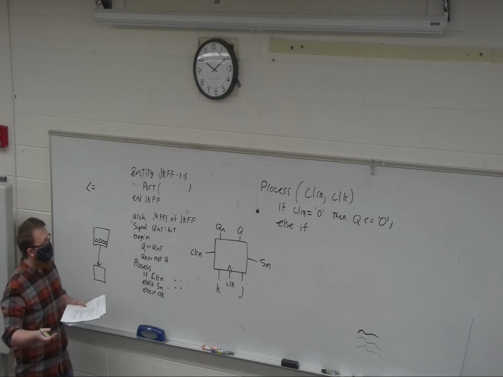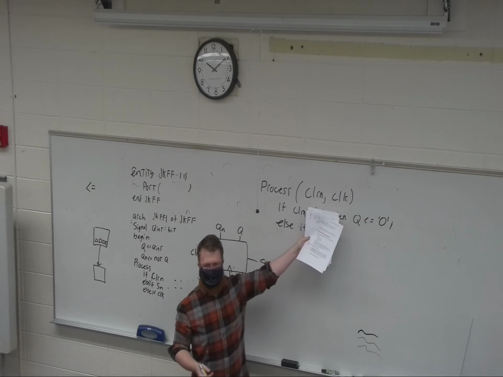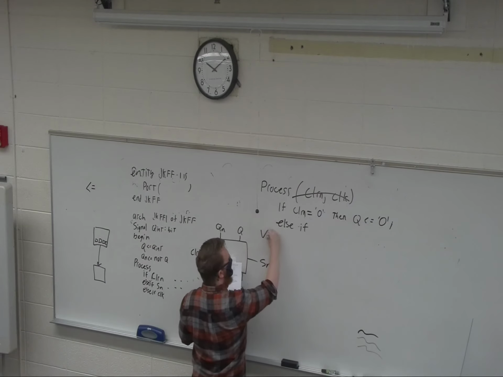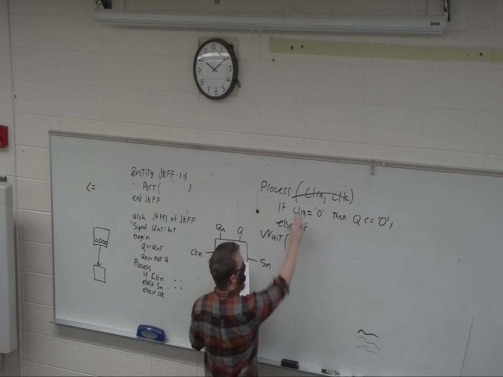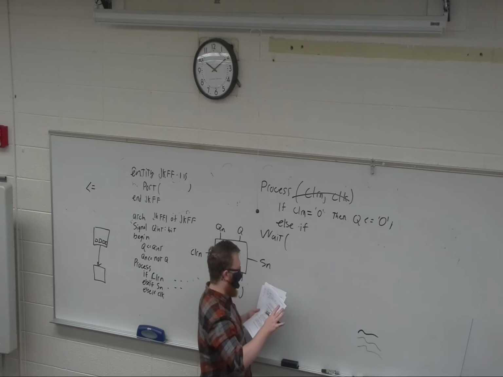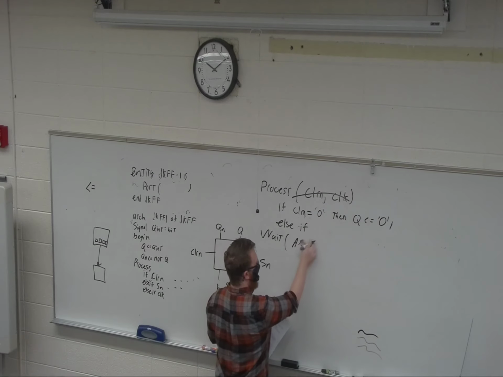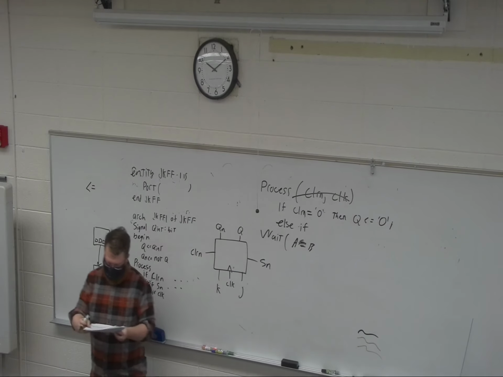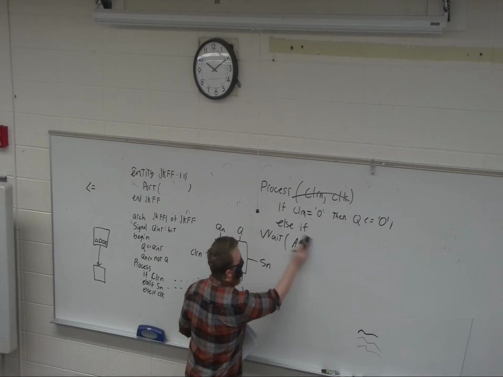There's an alternative. I don't like it. Instead of writing a sensitivity list for the process, you can instead say wait for, and you can use either a sensitivity list, you can use time expressions, wait 5 nanoseconds, or you can use Boolean expressions like wait for A to equal B. I guess, sorry, I should probably write that one absolutely correct.